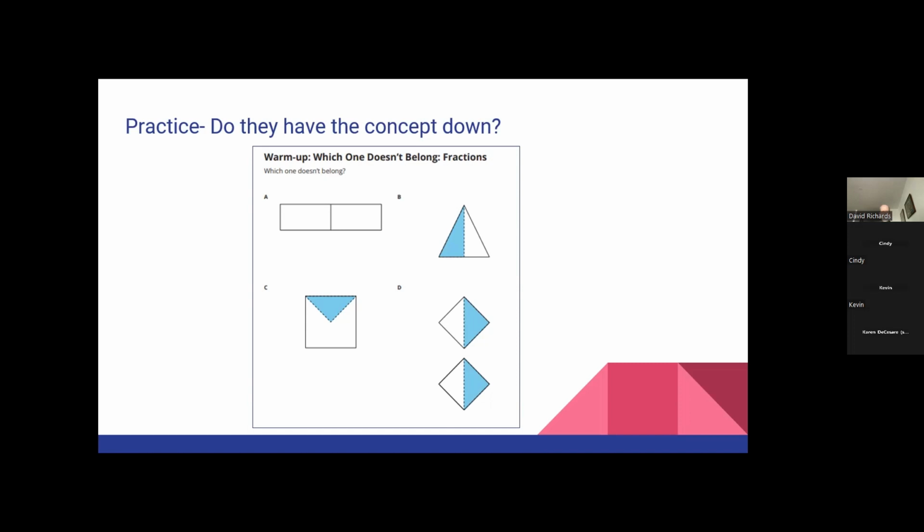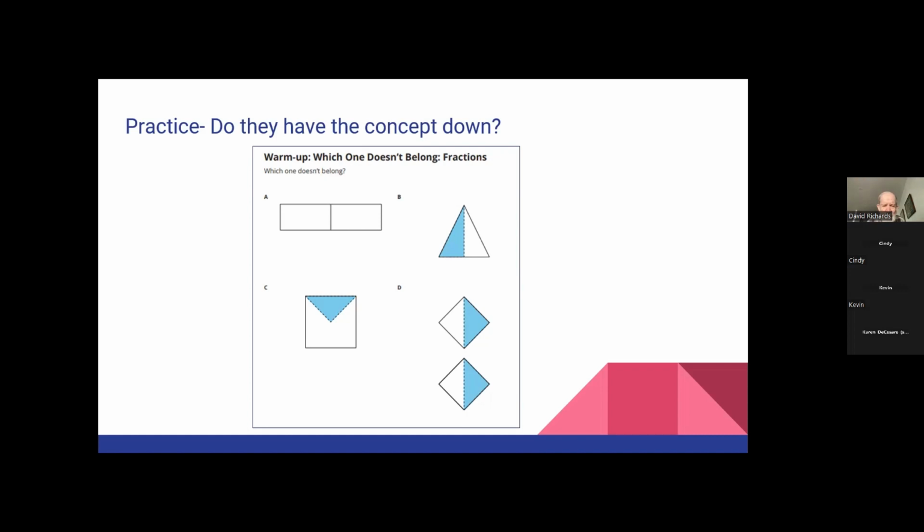What other reasons did you have? I may be wrong, but the way I looked at it, now I'm having second thoughts. The way I first looked at it is that A, B, and D are divided in half, whereas C is not divided in half.